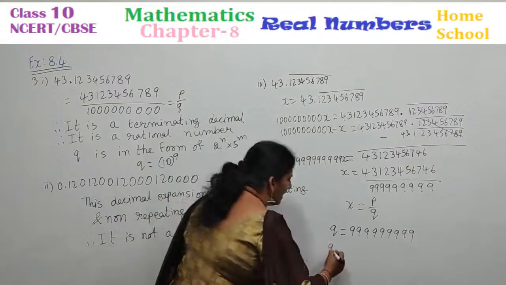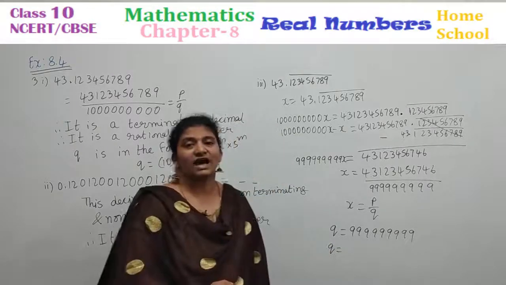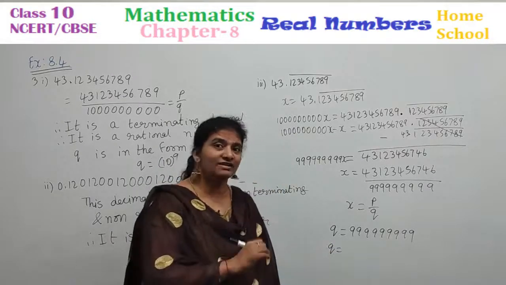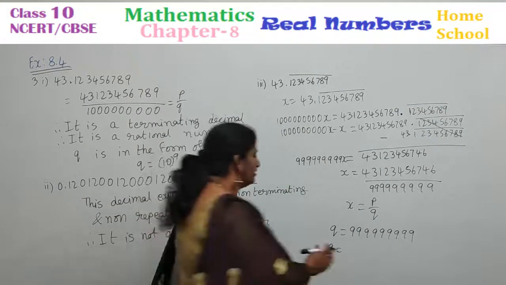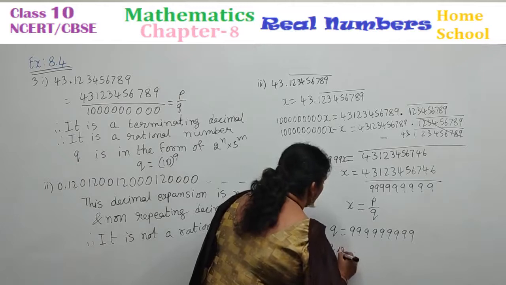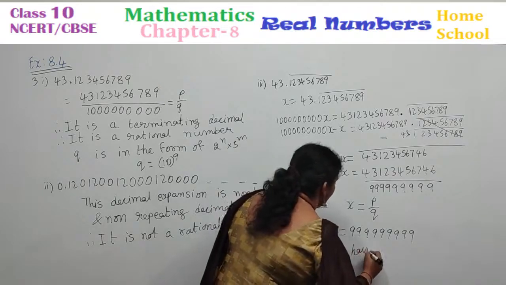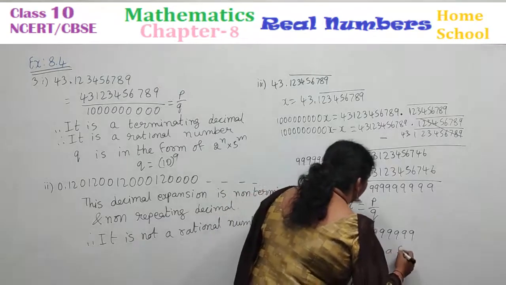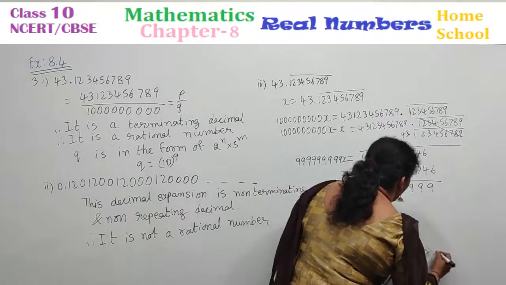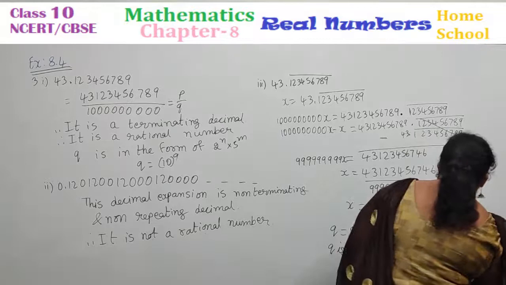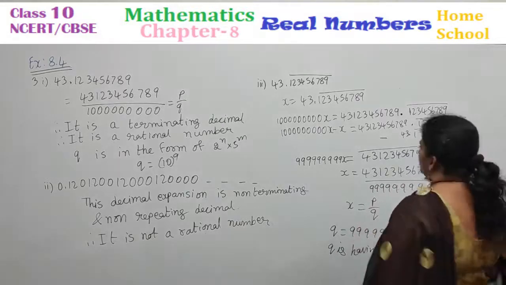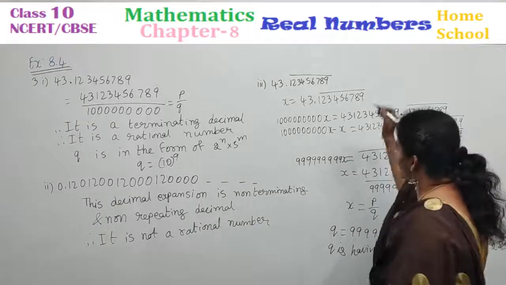I can see that Q is having a factor other than 2 and 5. Okay, that only you can say here, children. Therefore, Q is having a factor other than 2 and 5, where this is a rational number.